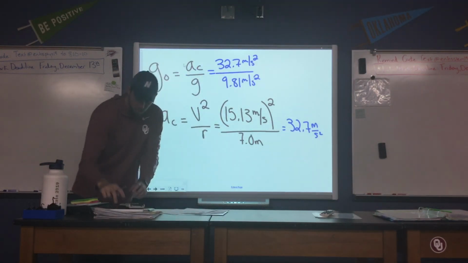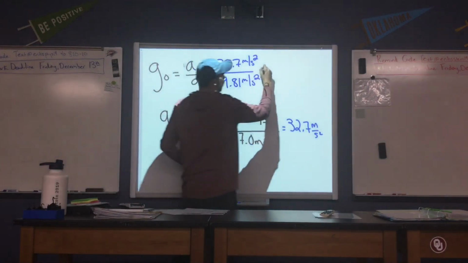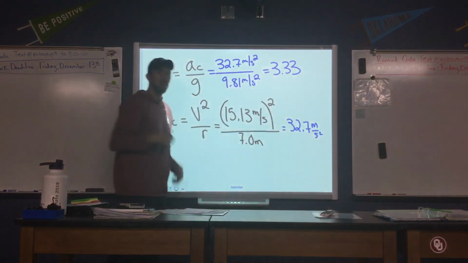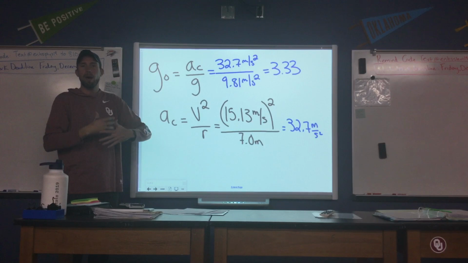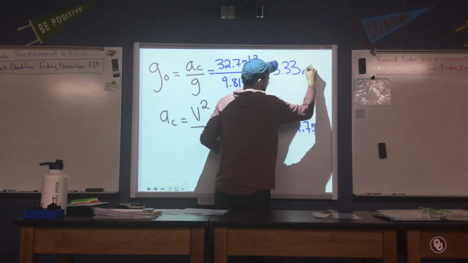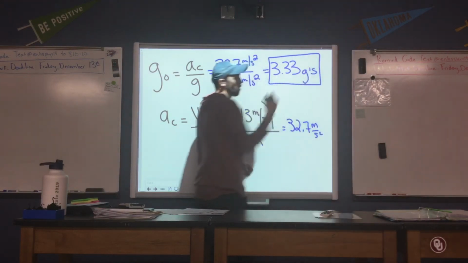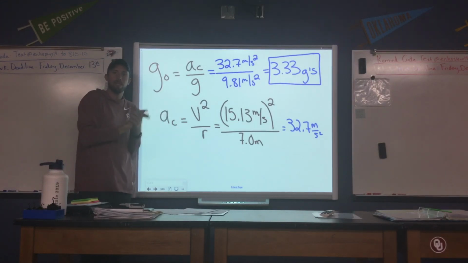We'll plug this in, and we get approximately 3.33. This is the value of g-force, which, as we talked about, isn't a real force. It's a measurement of really the ratio of our accelerations. So this means we experience 3.33 g's of force, or better yet, 3.33 times acceleration due to gravity.